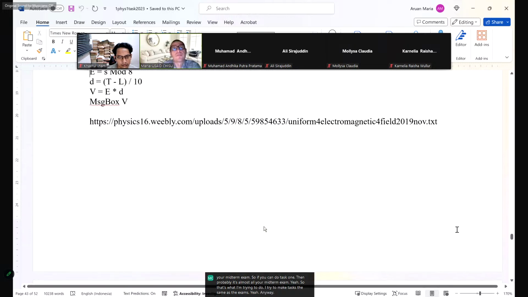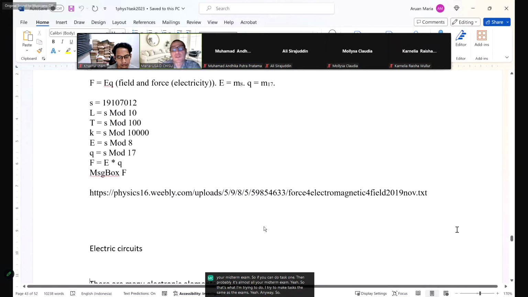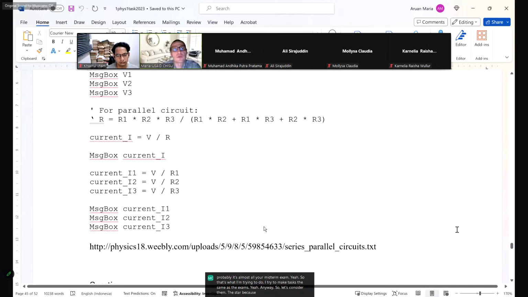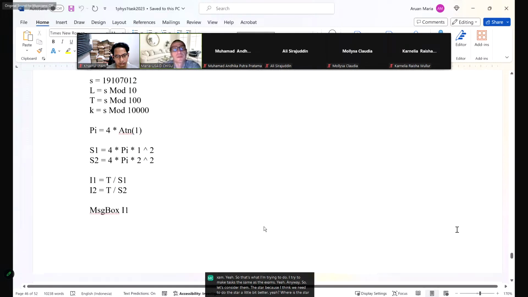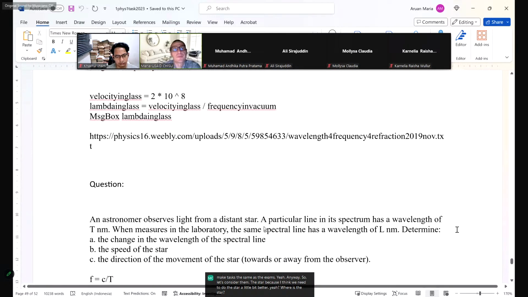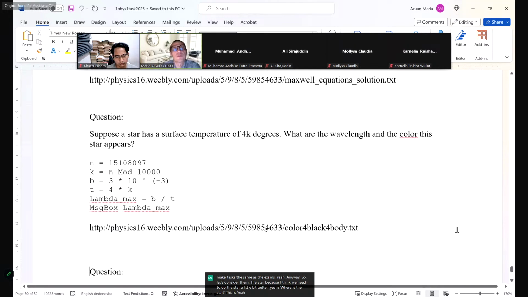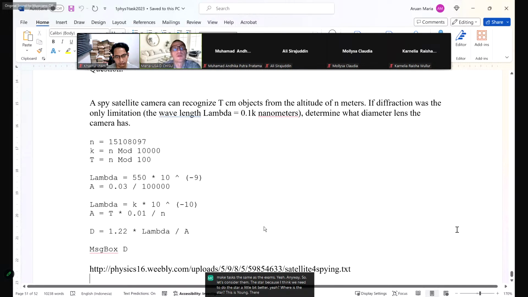Anyway, so let's consider the star, because I think we need to do the star a little bit better. Yeah. Where is the star? There's an astronomer who observes Young's mirror.